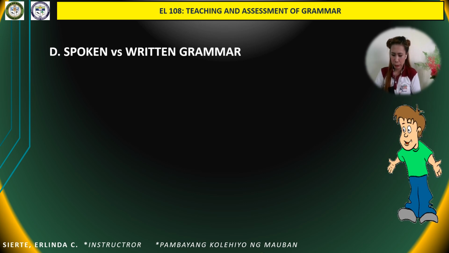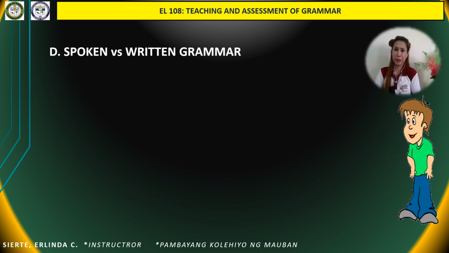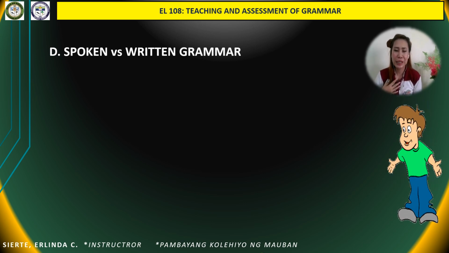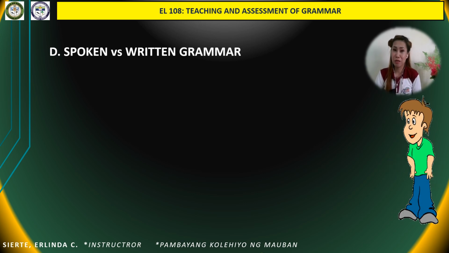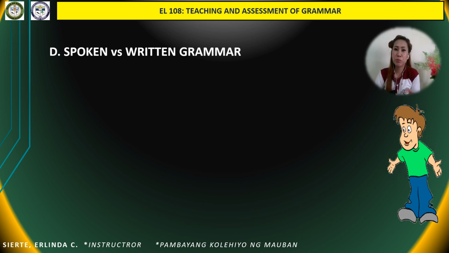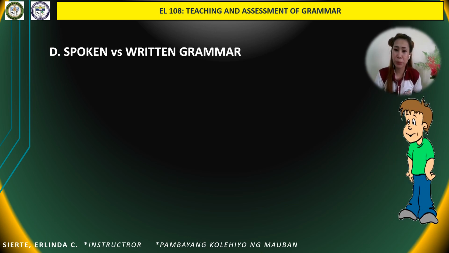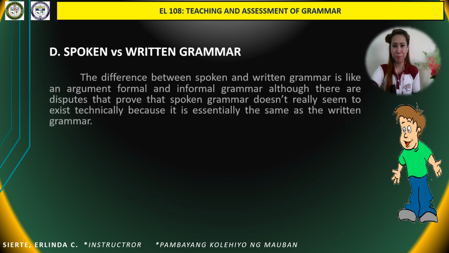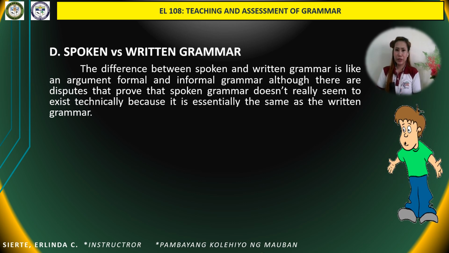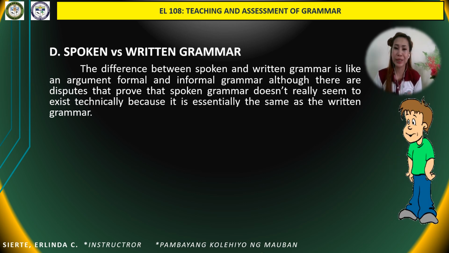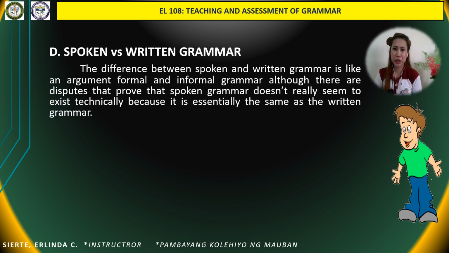Now let's proceed to spoken versus written grammar. Okay, so of course, upon reading the title, we already know what the difference is between spoken and written, especially when we are pertaining to grammar. So the difference between spoken and written grammar is like an argument, formal and informal grammar.